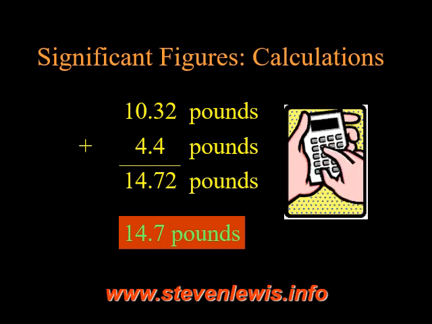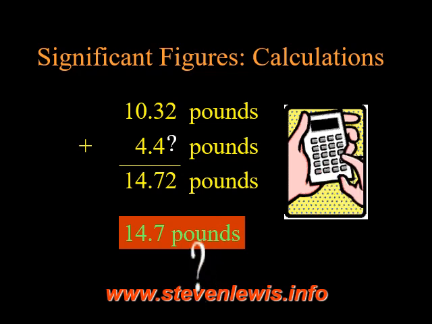Why? Because the measured value with the fewest significant digits to the right of the decimal determines how many digits to the right of the decimal we include in our answer. The 4.4 pounds contains fewer significant digits than the 10.32 pounds. We do not know the value of the digit that follows 4.4.